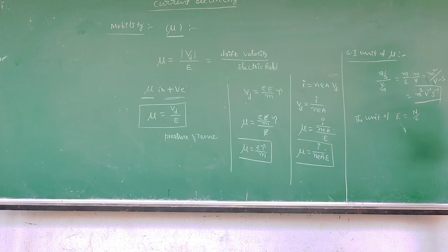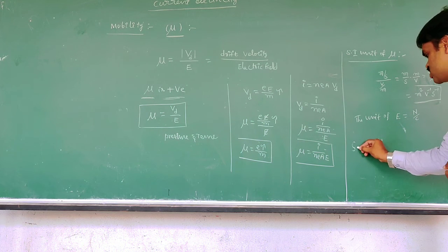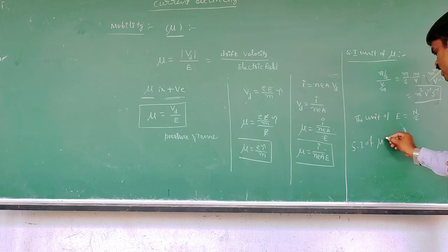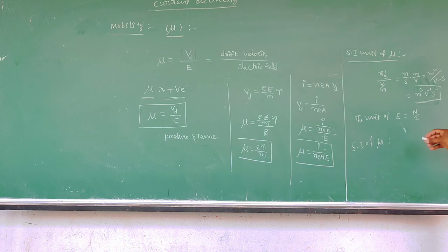Electric force per unit charge is called electric field. Then substituting, another SI unit of mobility is meter per second by Newton per Coulomb, which can be written as meter by second, Coulomb by Newton.